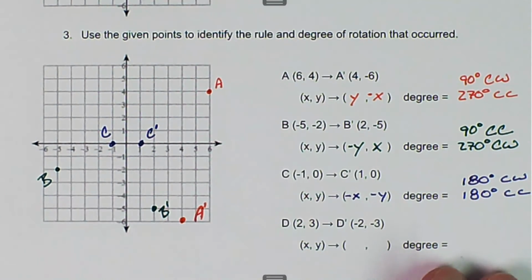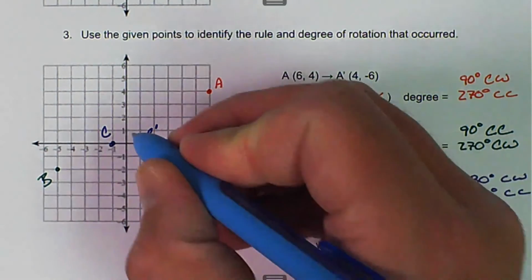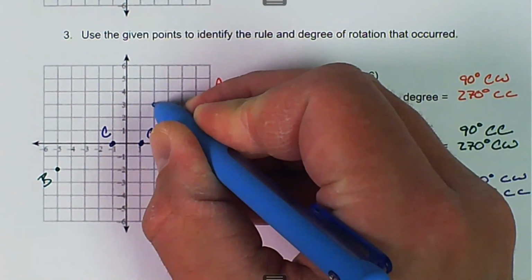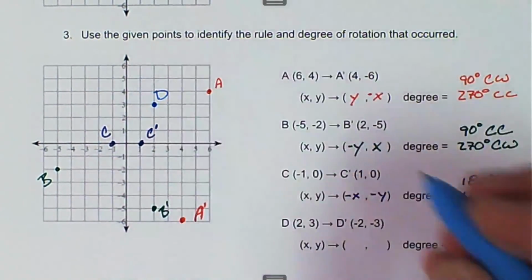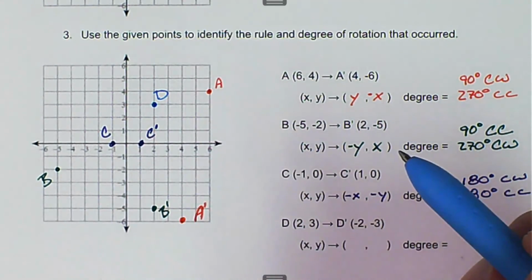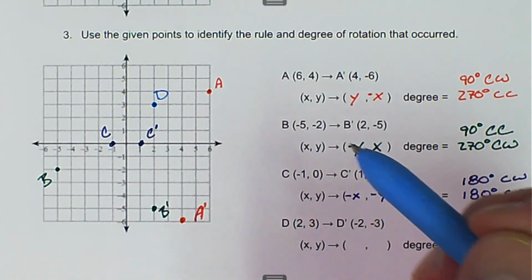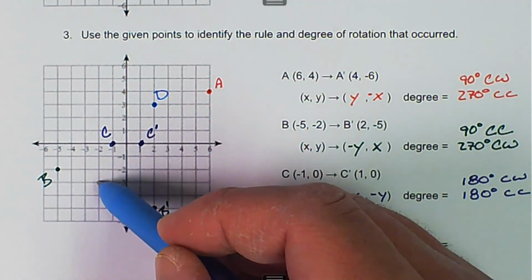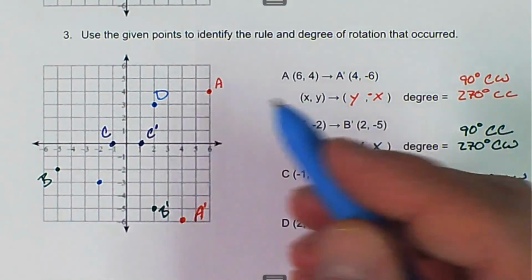And then our last example, point D, is at (2, 3). So (2, 3). And we want to get to (-2, -3). That's going to be D prime.